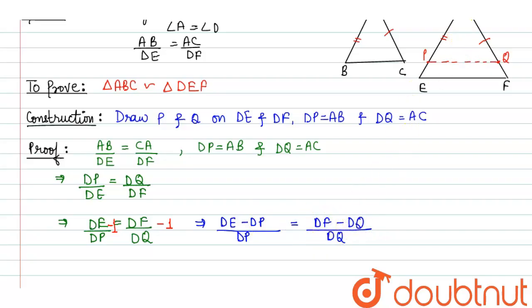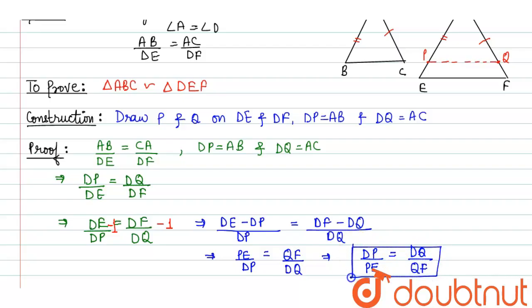So DE minus DP gives PE, so I can write PE upon DP, and in place of this I can write QF upon DQ. Now again reciprocal it, so it will become DP upon PE equals DQ upon QF. This is the first thing that we need to prove this question.